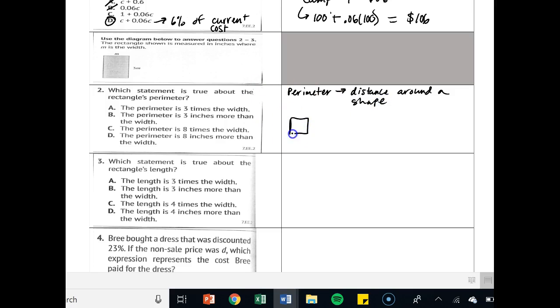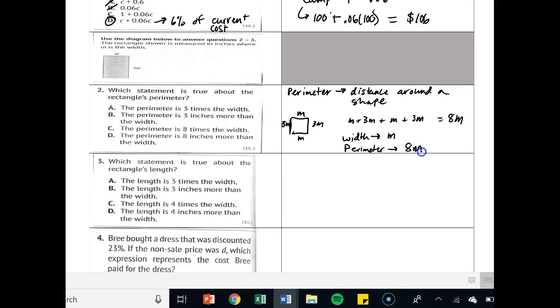So if we've got m and 3m, and then we've got m here and 3m here, the perimeter would be m plus 3m plus m plus 3m, which would be equal to, if you combine all those, 8m is your perimeter. And so basically it says the perimeter is 3 times the width. Well, remember the width is m, and the perimeter, P, is 8m.